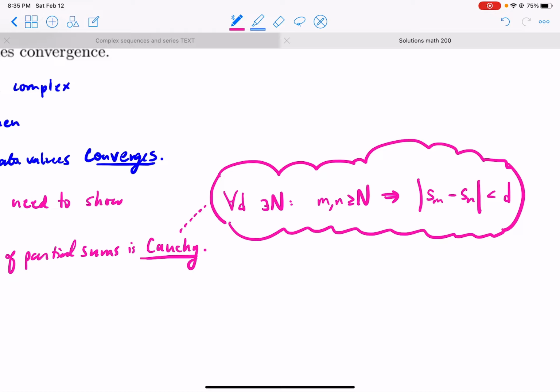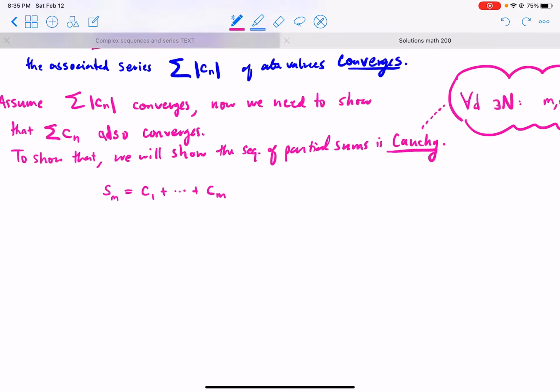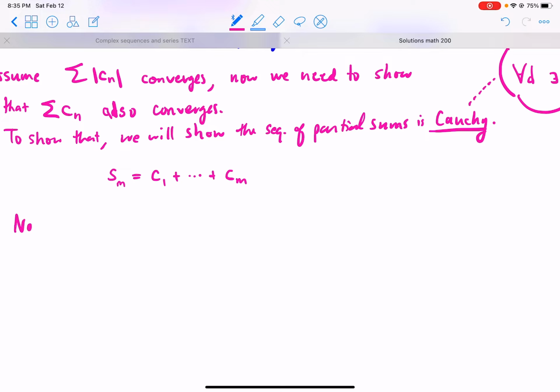Okay, so now look at this subtraction. Note that Sm minus Sn is equal to, well, add up the first m terms and then subtract the first n terms.